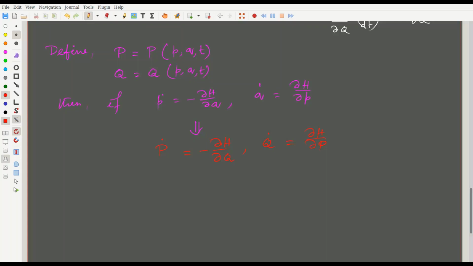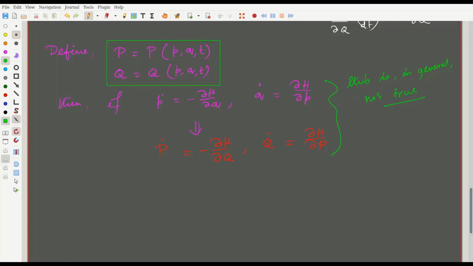In Lagrange's equation, we didn't have to worry. You give me any arbitrary transformation and the structure of Lagrange's equation stays the same. But in the case of Hamilton's equation, this is in general not true. If you do any arbitrary transformation of this nature, then the structure of Hamilton's equation will not hold.